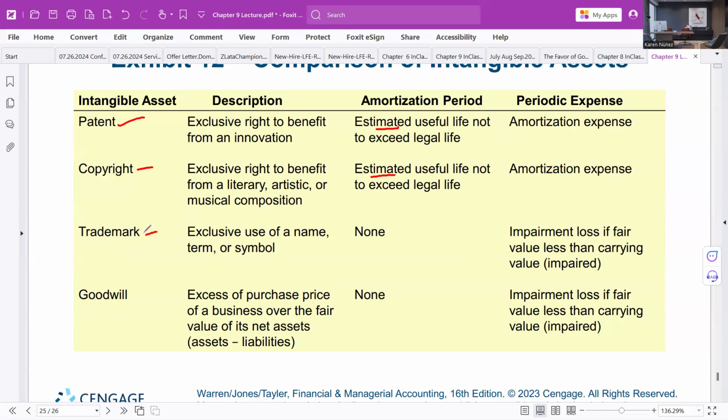But trademarks, currently, we cannot amortize. We would only recognize a loss if there's a loss, just like with goodwill. So it used to be that patents and copyrights and trademarks were all amortized. Now we can no longer do that. These two, trademarks and goodwill, we can only record losses if we can identify that we have a loss.